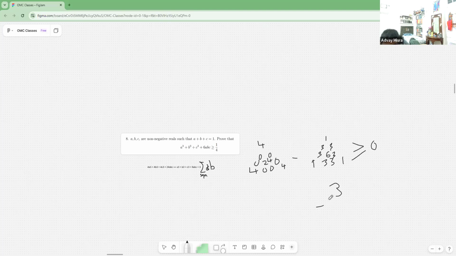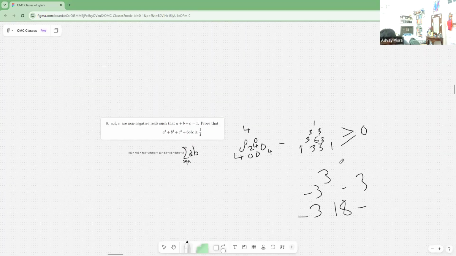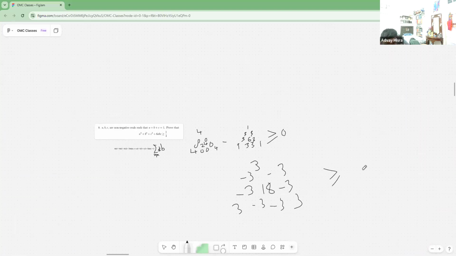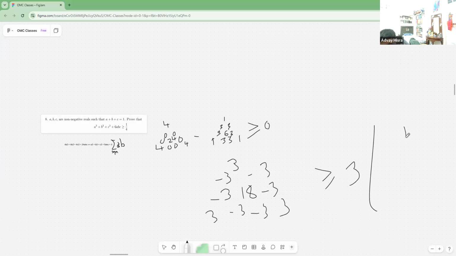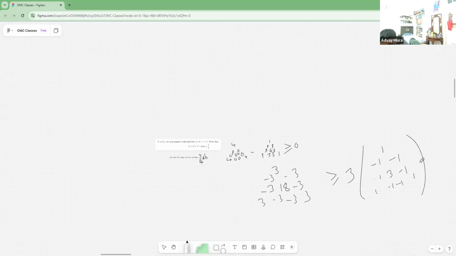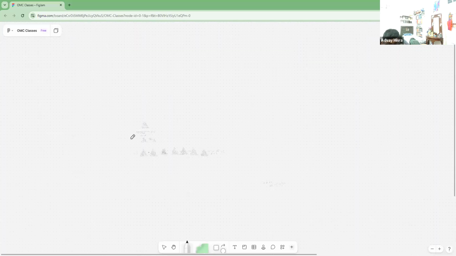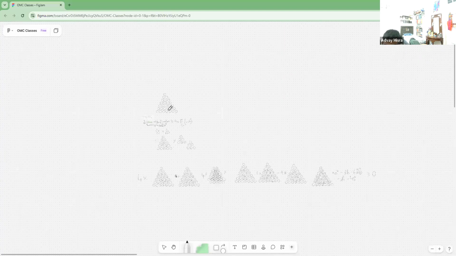This works out to a sum which is more than thrice Schur's inequality on 3 variables, but it is known to be non-negative. So yeah, that's all, folks. So going back to the problem select menu.